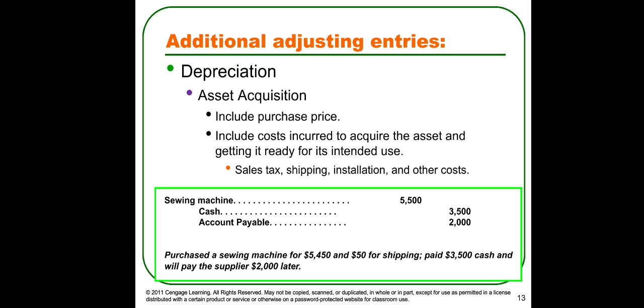So the general journal entry for purchasing this sewing machine is debit sewing machine 5,500, credit account cash 3,500 because cash goes out or cash decreases, and then credit accounts payable 2,000 because liability increases. Remember this.